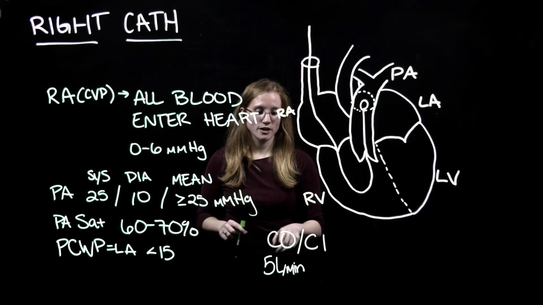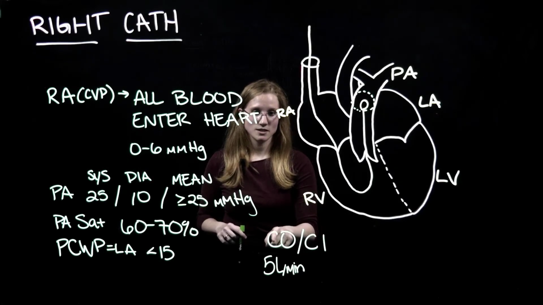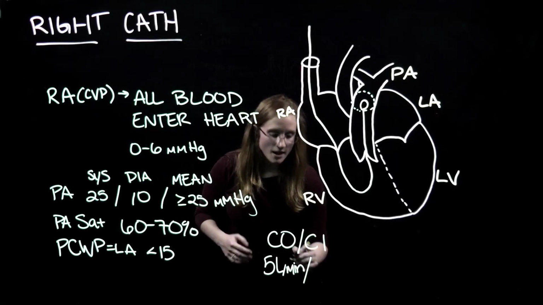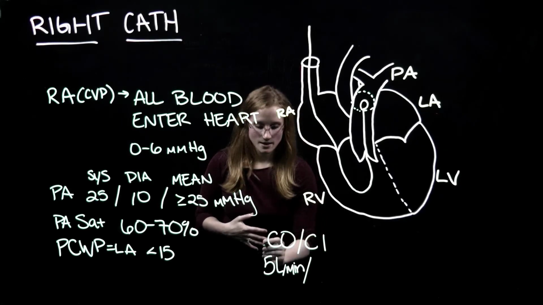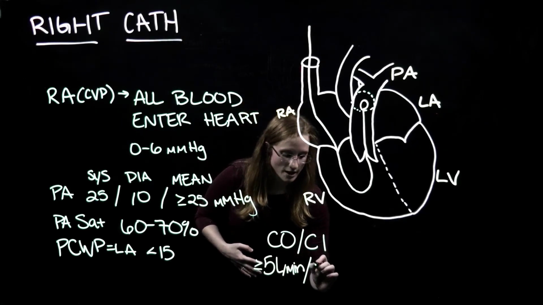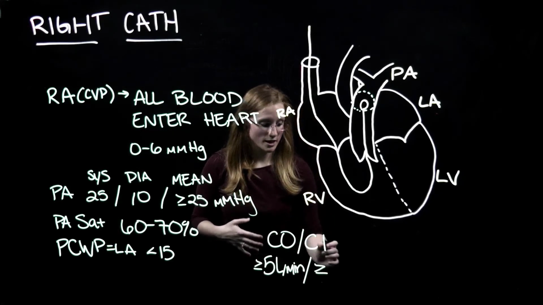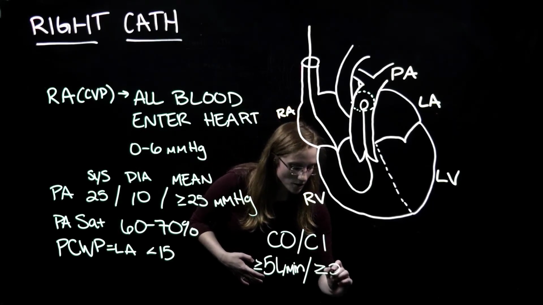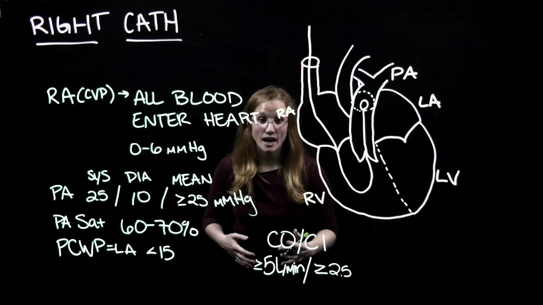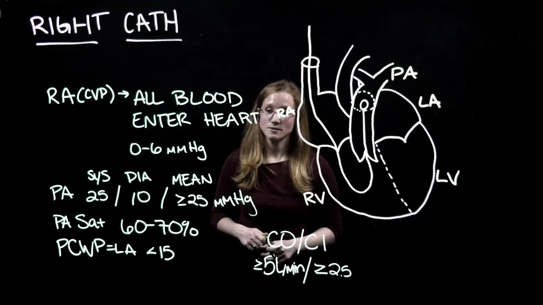You'll see it often reported with a slash in between, CO / CI. And a normal cardiac index is usually greater than 2.5, if not higher, for these patients.